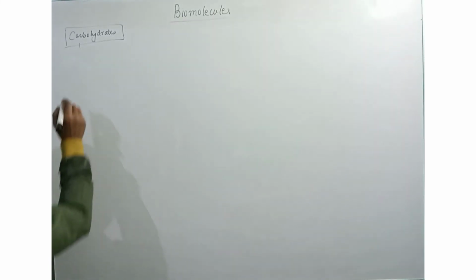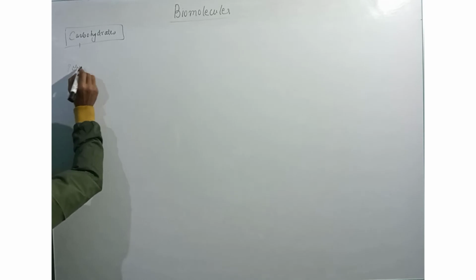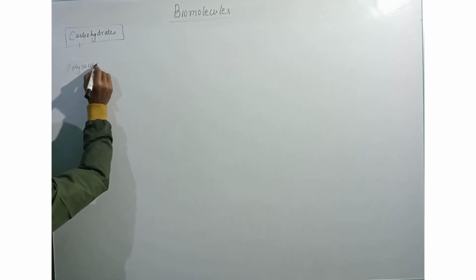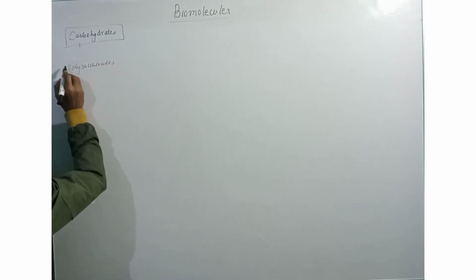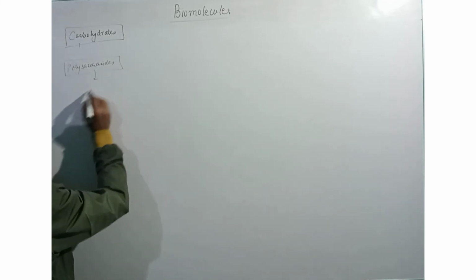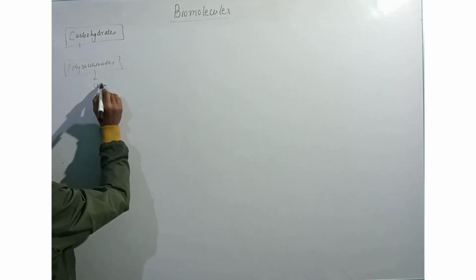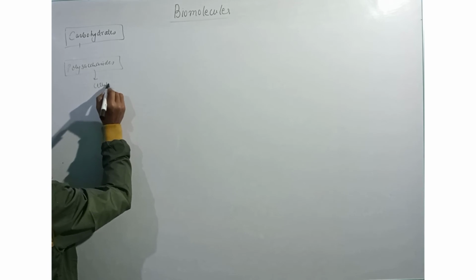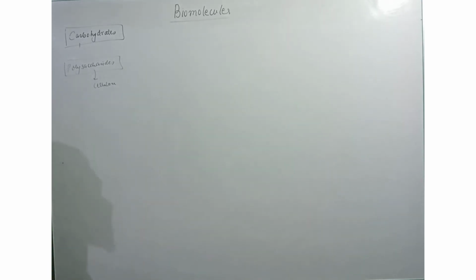So let's see the structure of some polysaccharides. Now when you're talking about glucose, for example cellulose. Cellulose is made up of glucose repeated several times. Glucose is the monomer of cellulose.